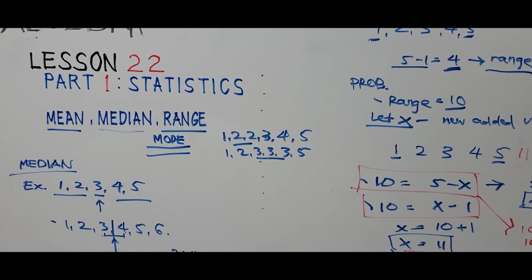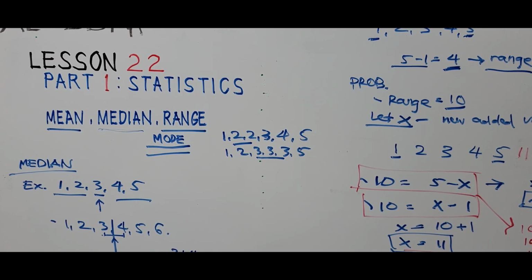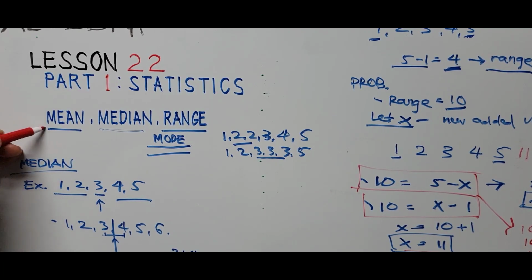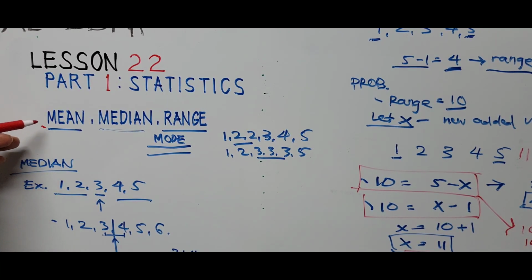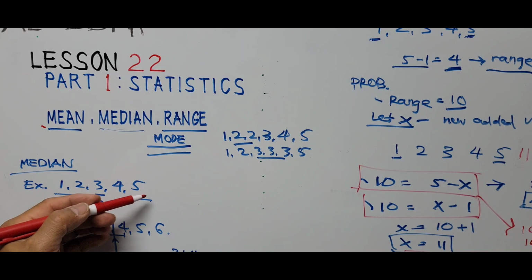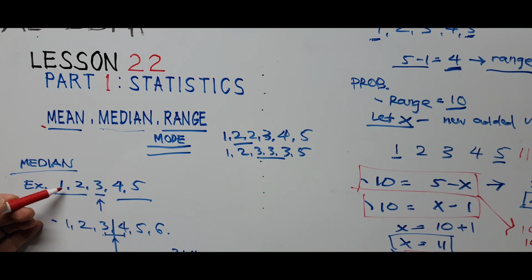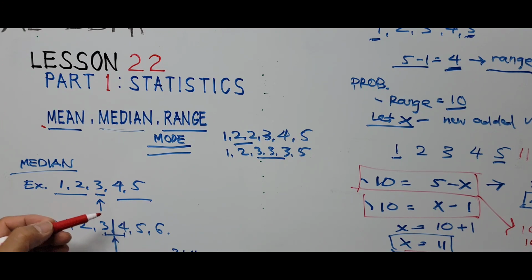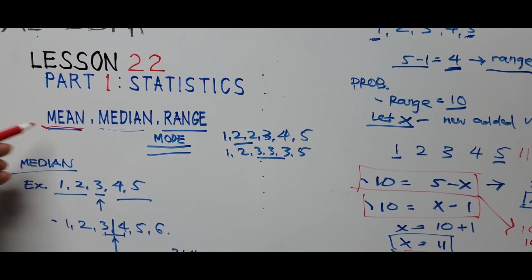So to sum up our lesson 22, part 1, statistics. Mean is the average of the values. Like in here, 1, 2, 3, 4, 5, you add all these and divide by the number of values. And that is the mean. Median is simply the middle value, like in this case, 3.